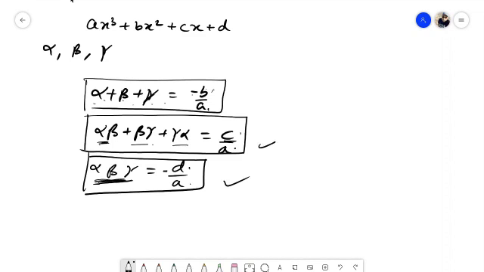So this is the relation between the zeros of a cubic polynomial, and earlier what I taught you was the relation between the zeros of a quadratic polynomial. This is basically in your syllabus.